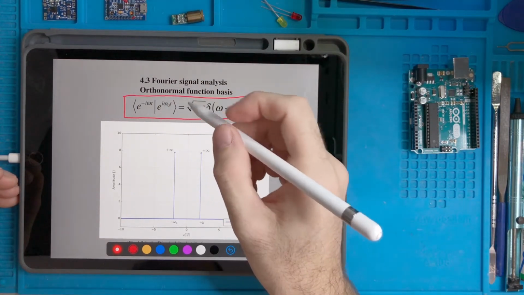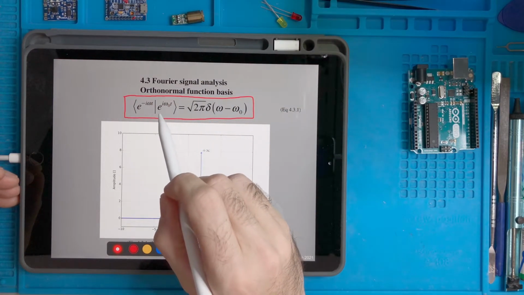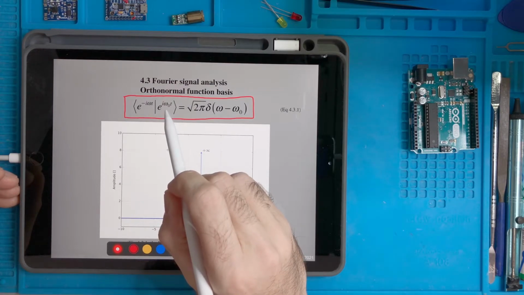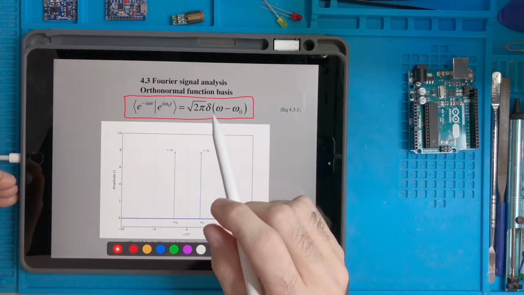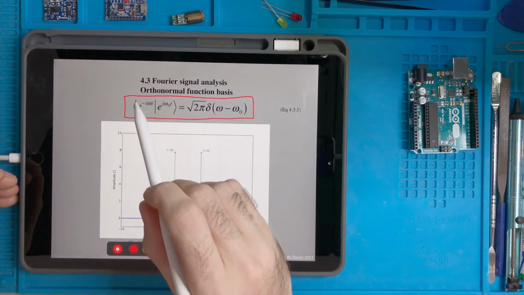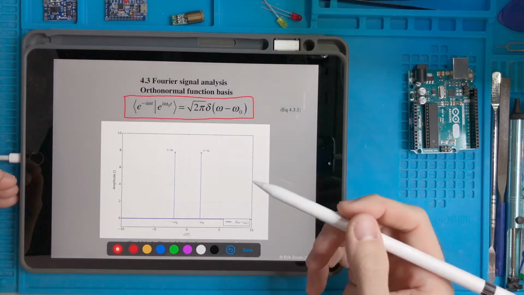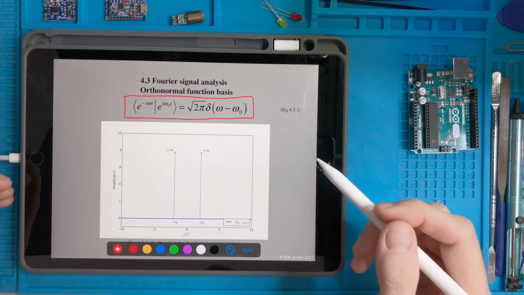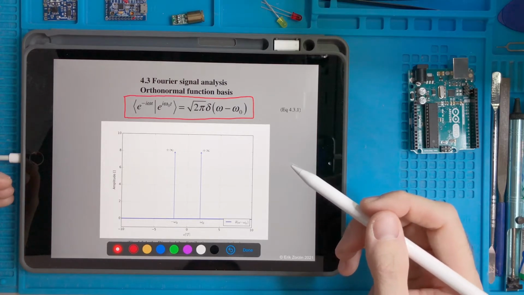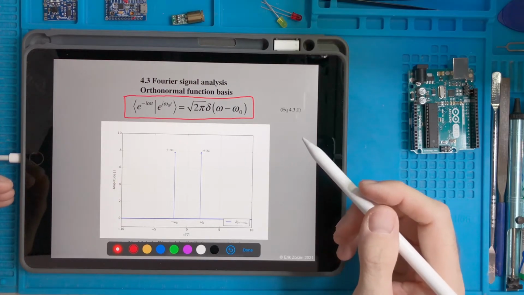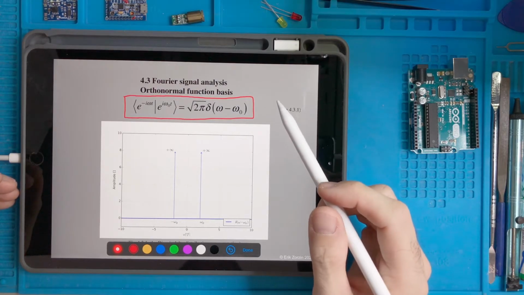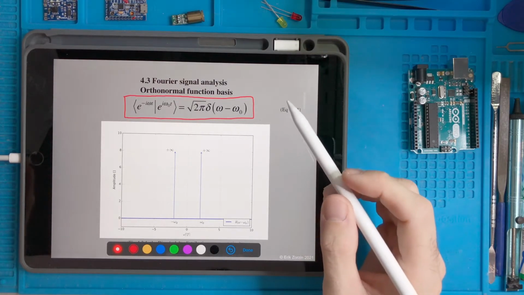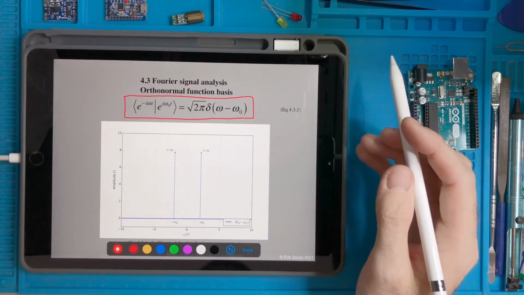If I choose one complex function with a frequency omega 0 and another one with a frequency omega, different than omega 0, and I compute the integral we have seen in the previous slide, then this integral is 0 if omega is different than omega 0, for whatever omega and omega 0 you take.